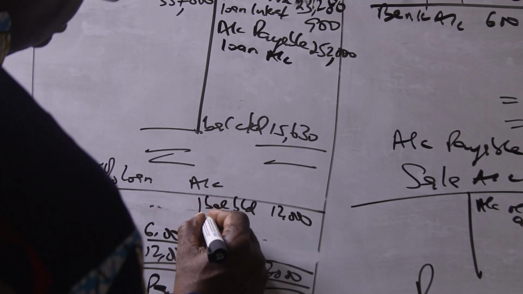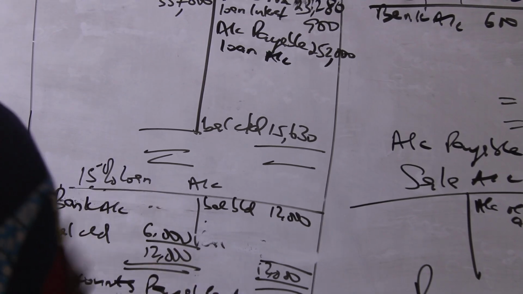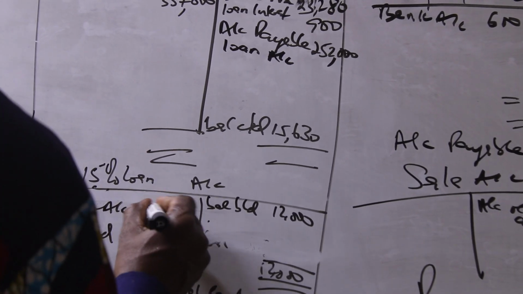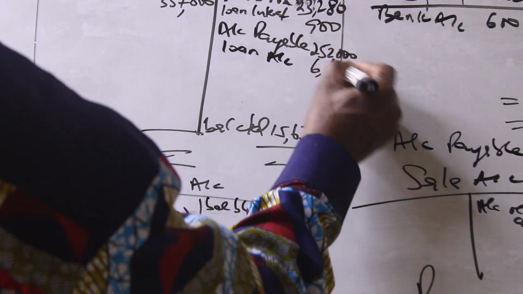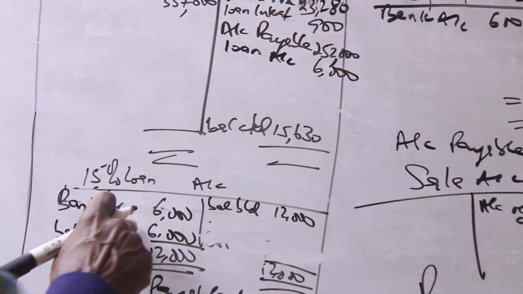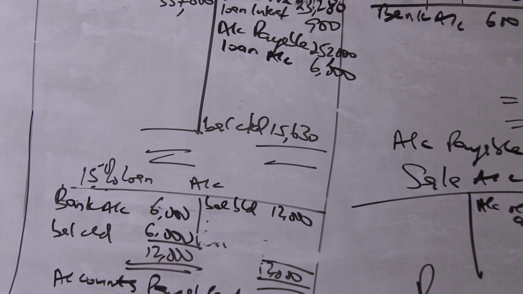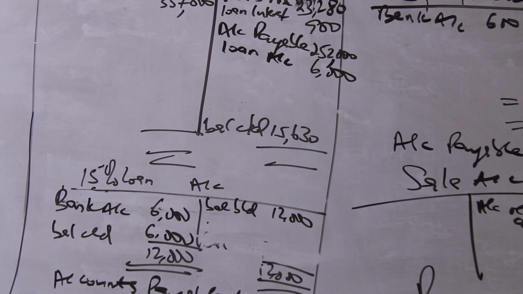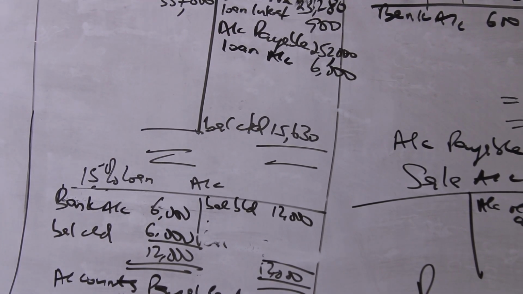So we are paying through bank an amount of 6,000. Our bank is reducing by 6,000 as we reduce the loan with 6,000. So we do it that way.